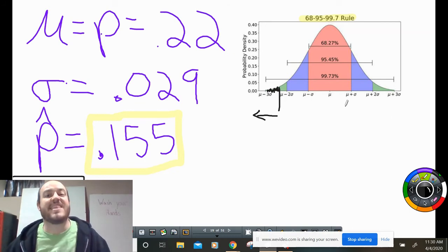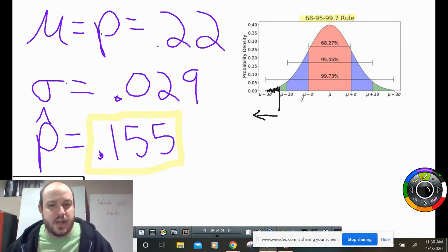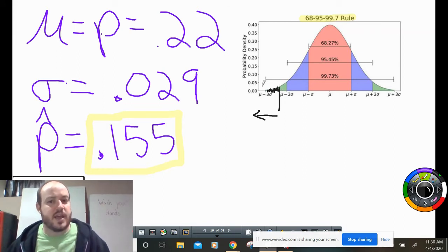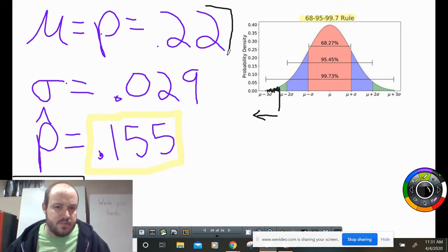Remember, we can find the exact probability of this sample occurring, or any sample with an even lower chance of happening, by plugging into our calculator a normal CDF from negative 9999 up to 0.155, and it will give us the exact probability, like what's the chance that a sample like this would occur if this original information were true. All right. So how are we going to plug it in the calculator? Well, I'm going to switch over to the calculator, and we can look directly at that.